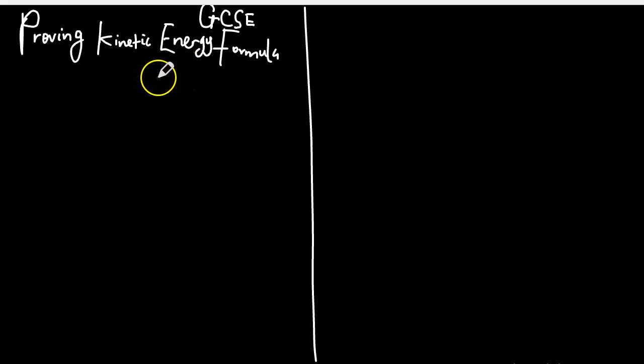We always know that kinetic energy is given by a half mv squared, and you are supposed to prove how to get to this point. How do we get this equation?